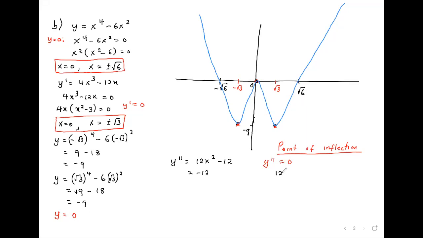So 12x² minus 12 is equal to 0. We get x² is equal to 1. So x is plus or minus 1. Substitute in the original equation to get a full point. So we'll get 1 minus 6, which is equal to negative 5 for both. So the points will be plus or minus 1, negative 5.